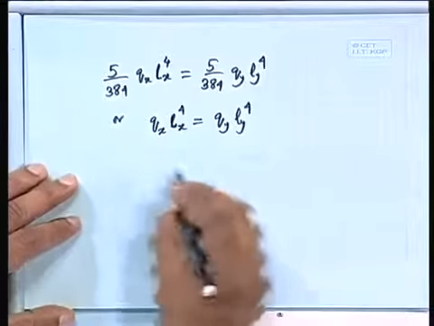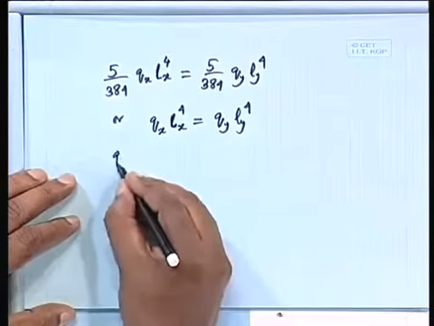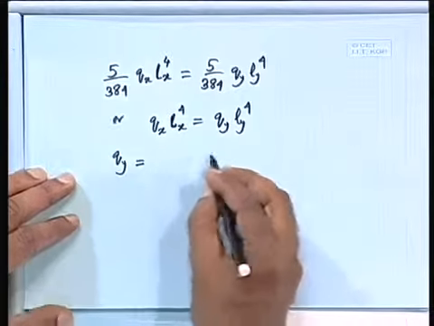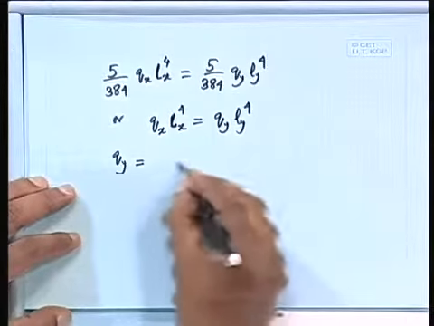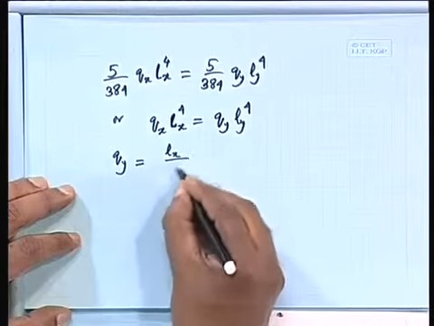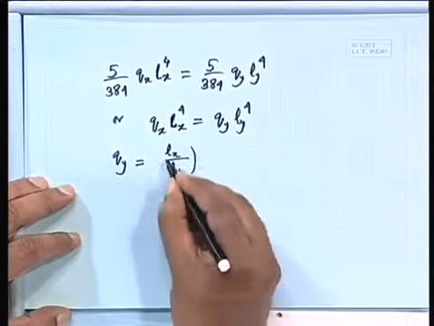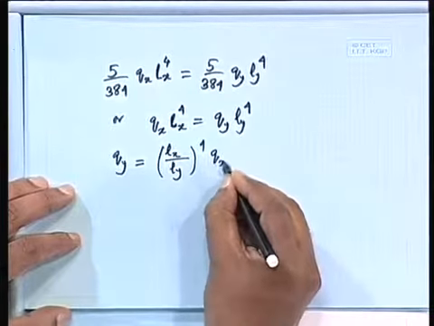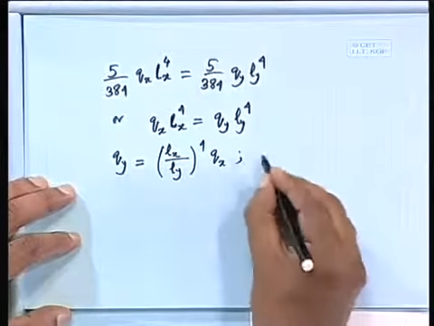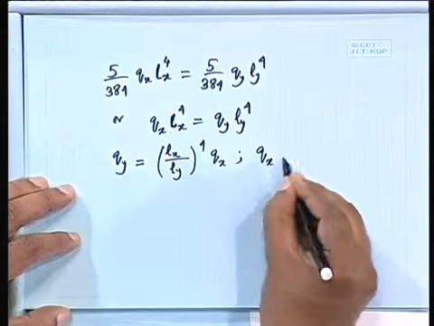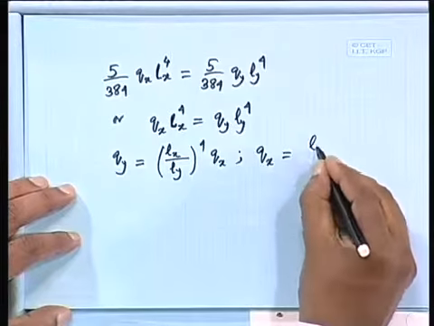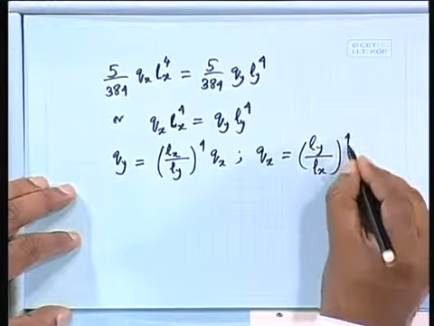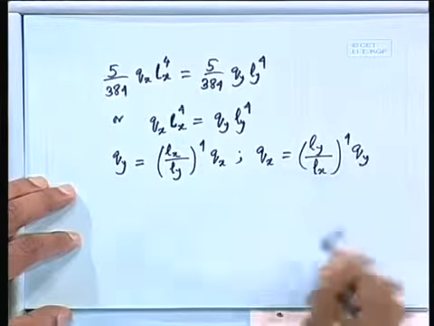So, two ways we can write here: Qy equal to Lx by Ly to the power 4 times Qx, and the other one, Qx equal to Ly by Lx to the power 4 times Qy.